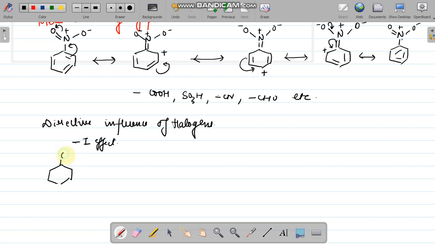I will just explain it with the help of an example. For example, I am taking chlorobenzene, this. Now what is going to happen? These electrons, it is going to donate over here. So this bond will shift. Double bond will come over here. A positive charge will come.